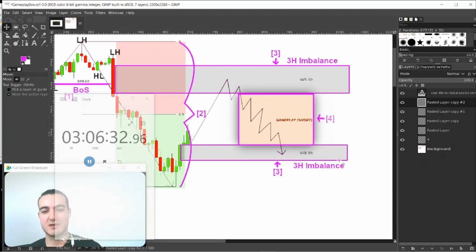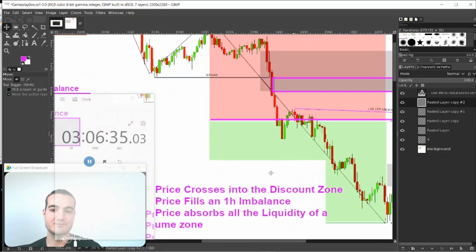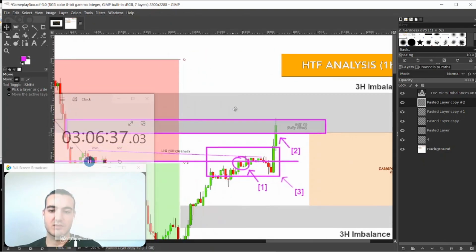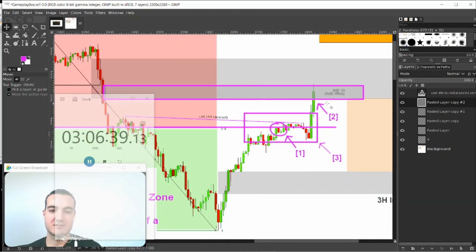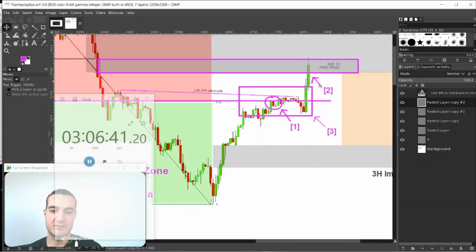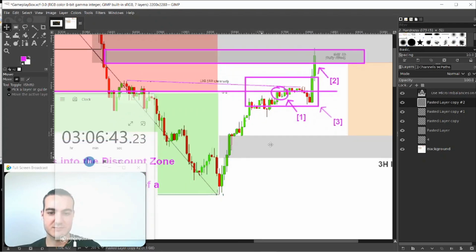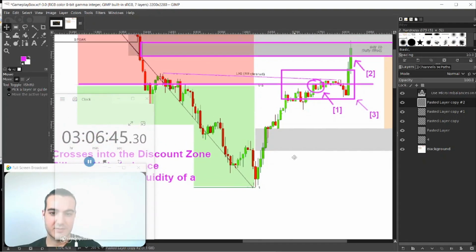Then we head over to a lower time frame, this one being the 1 hour. Our imbalances from the 3 hour are still available for us to reference. We watch things play out a bit longer.